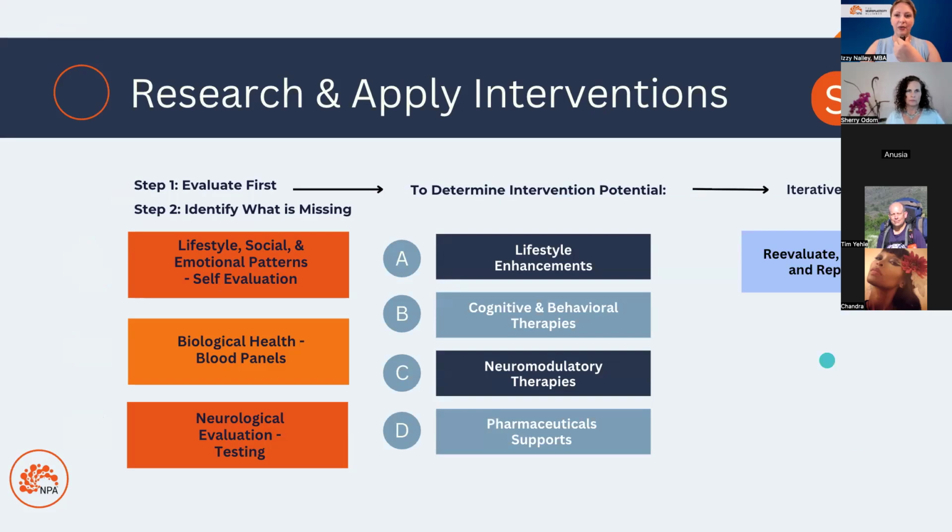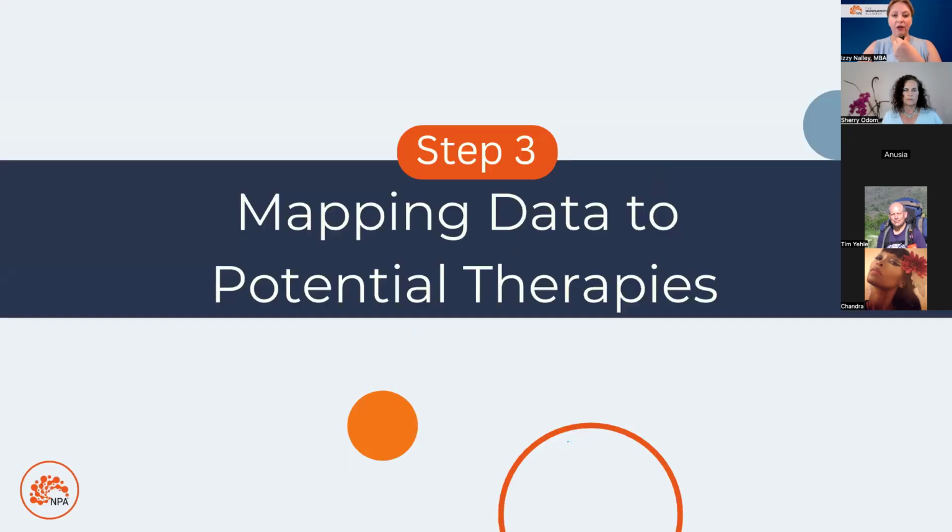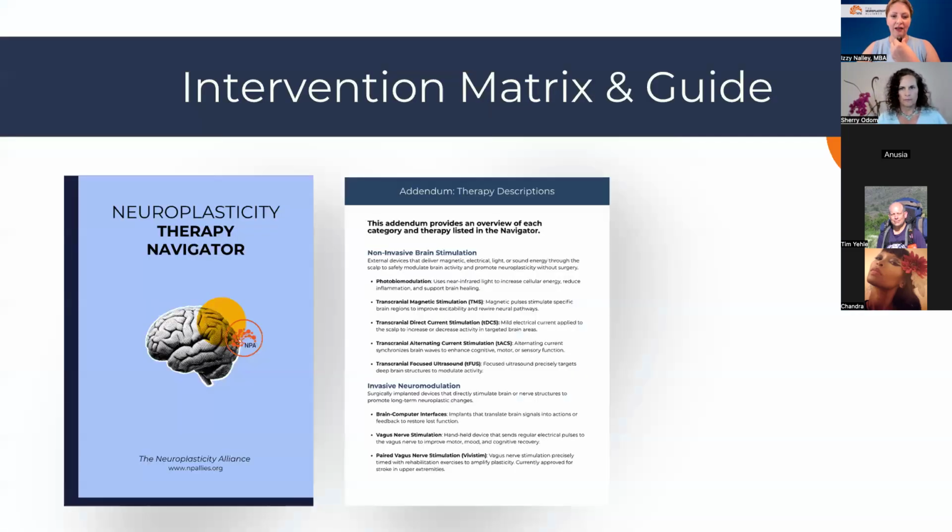Perfect. And as we move into step three, now we're looking to determine the intervention potentials. Here we're going to be looking at different therapy types. There's a beautiful matrix that Sherry has created. Sherry, do you want to go into that before or after your case study?